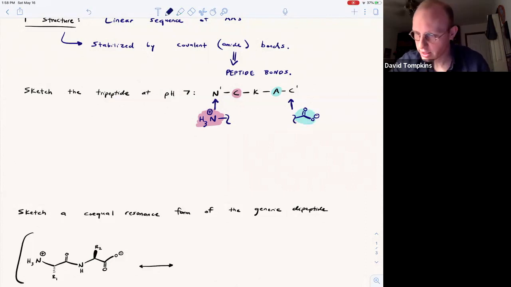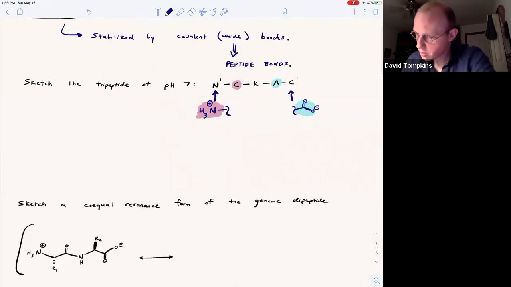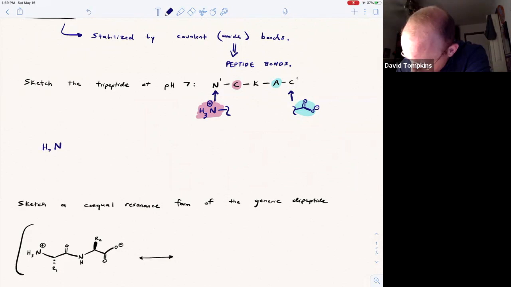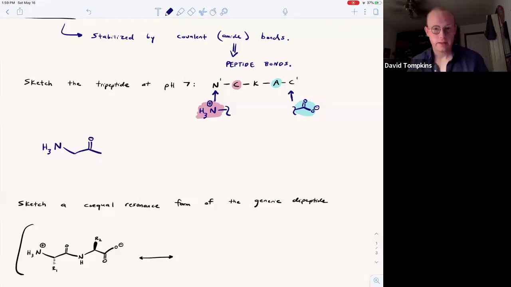So that's the meaning of N prime and C prime. If you're going to draw a tripeptide, that means that you need to have 3 carbonyls, 3 nitrogen atoms, and 3 alpha carbons.